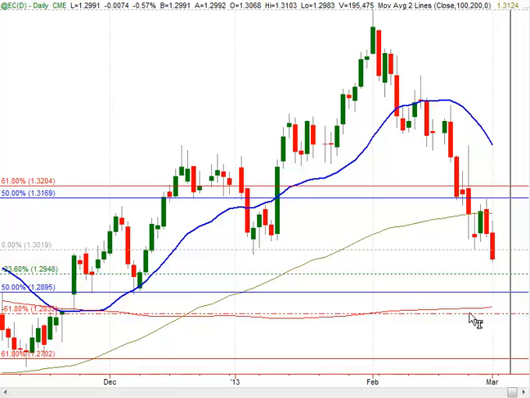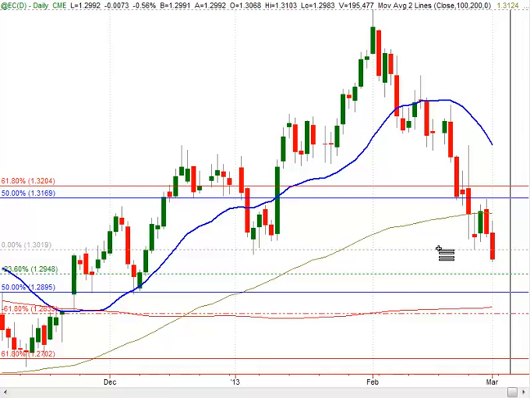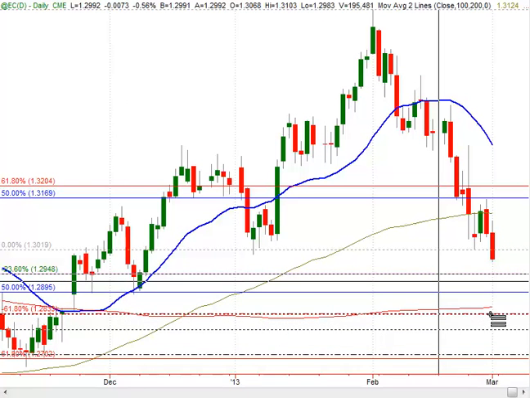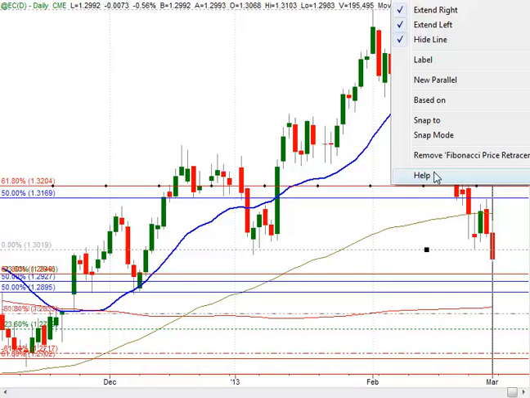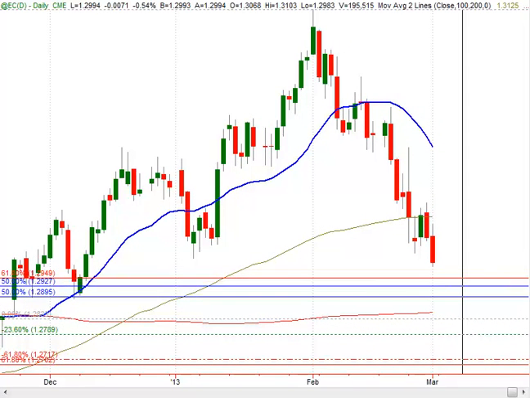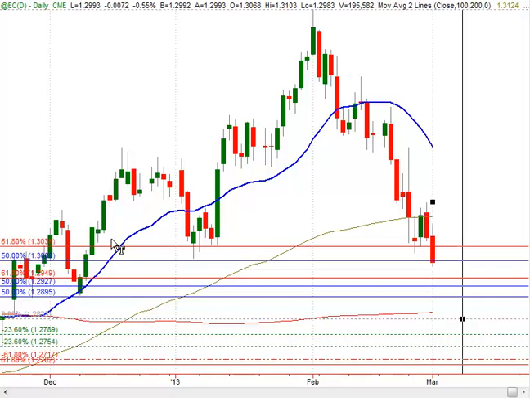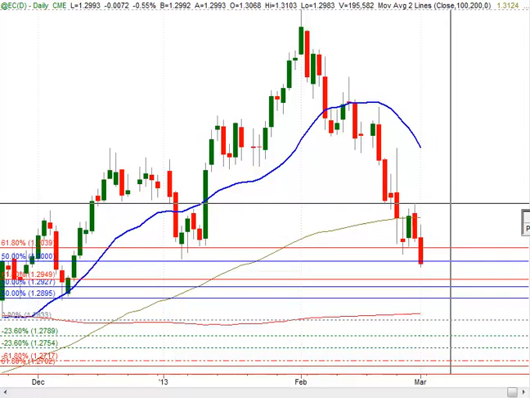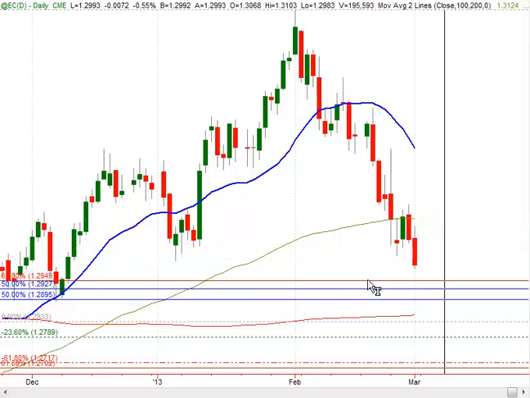The first confirmation for me that this area is actually acting as a support will come from price moving above this 129.50 level. This will be very important. And the second test will be from price coming above this 130.40 level. So the 129.50 and the 130.40 levels are two important levels to monitor, and that's what I will be doing in the coming days.